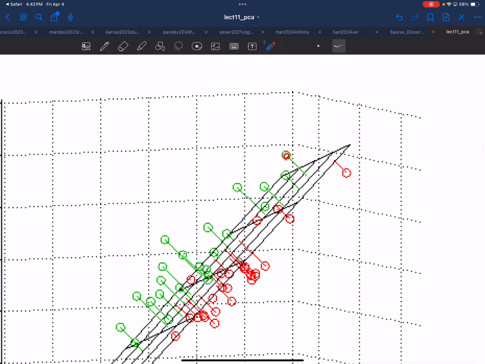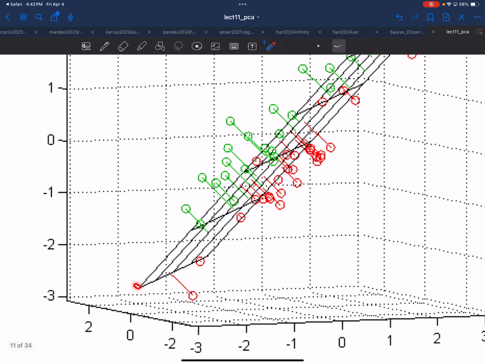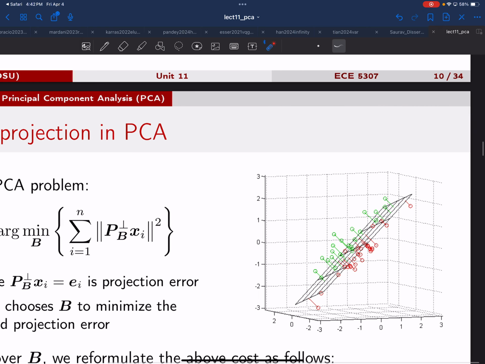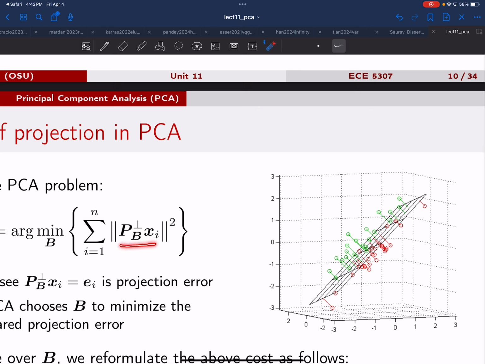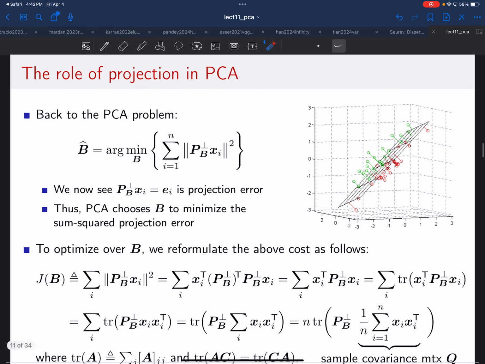It's this vector, of course you have to go back to the origin, but basically it's this vector. And this says, let's minimize the sum of the squares of the norms of all those error vectors. Sum squared projection error. Is everybody good with that?